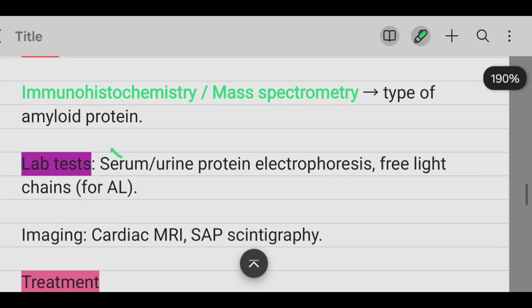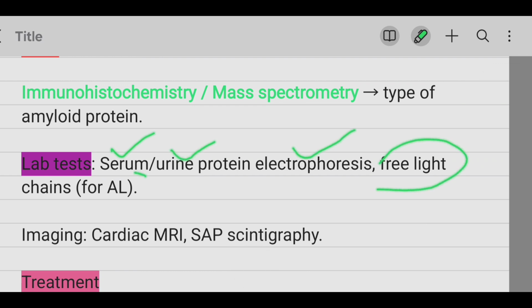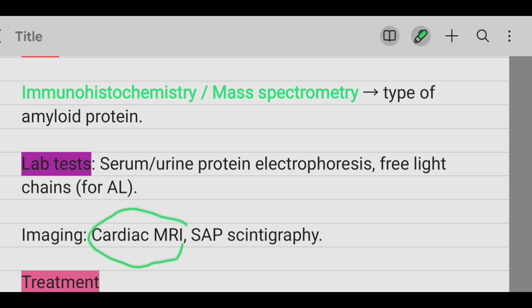What are the lab tests? Serum and urine protein electrophoresis free light chains are detected for AL, that is, in case of plasma cell myeloma or multiple myeloma, we do serum protein electrophoresis and urine protein electrophoresis. Imaging, for example, cardiac MRI is done that helps us diagnose cardiac amyloidosis that leads to restrictive cardiomyopathy.